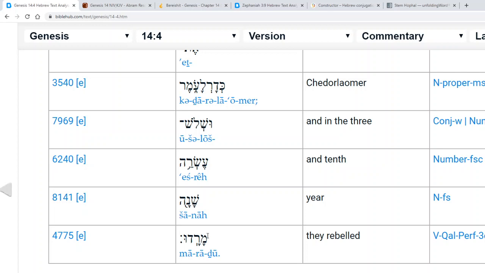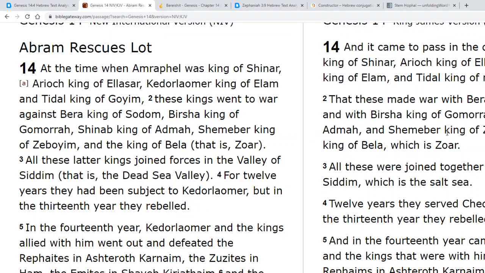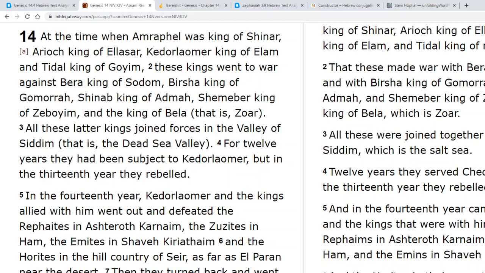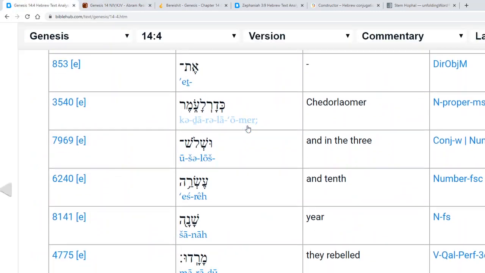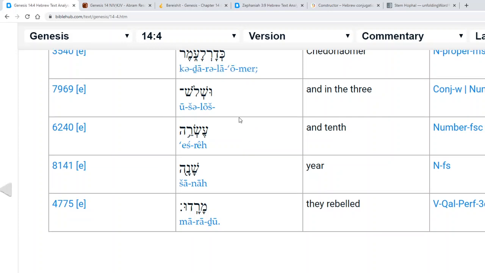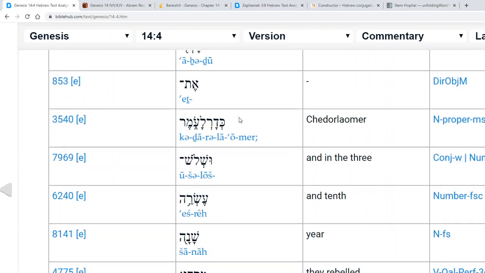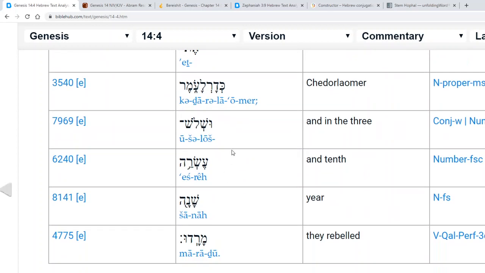Maradu, they rebelled. Limrod means to rebel, and you can use your concordance there. Okay. King James: 12 years they served Kedar Laomer, and in the 13th year they rebelled. Oh, ushlosh esre. No, I don't like that. They're saying in the 3rd year, ushlosh esre shana maradu.